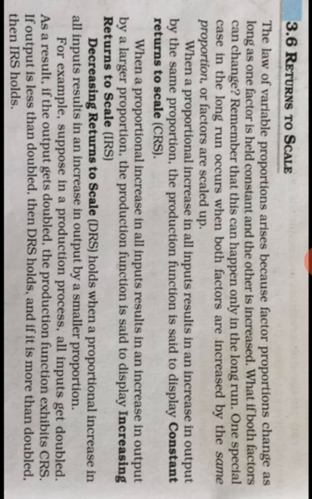Decreasing return to scale will happen when you are keeping 10 units of labor and getting 8 quintal of wheat. You are keeping a larger proportion of input and getting a lesser proportion of output. So this is about return to scale.